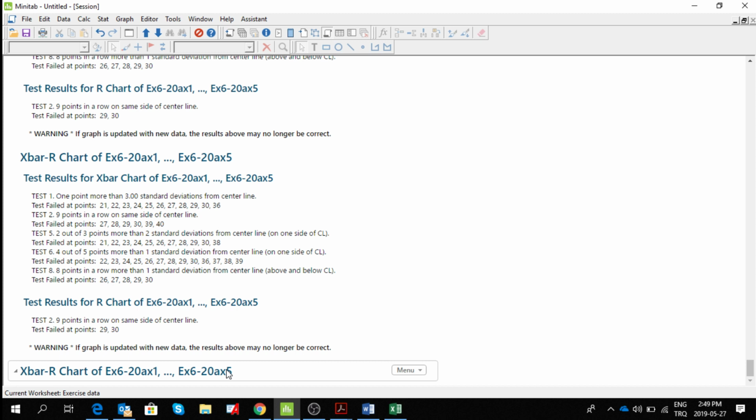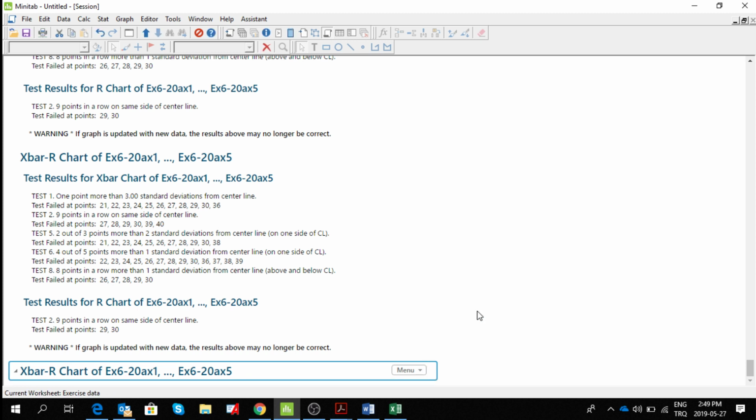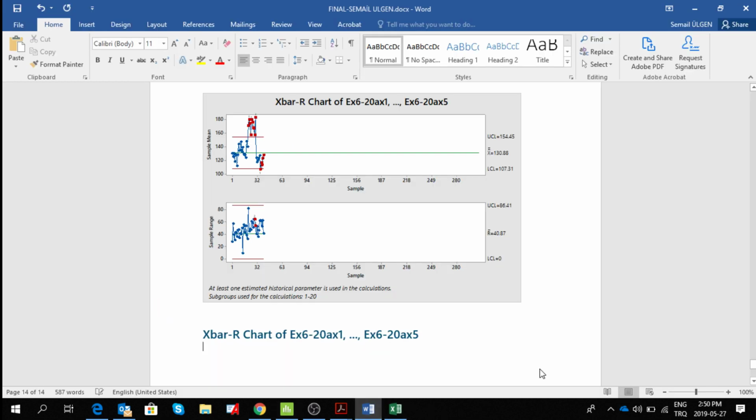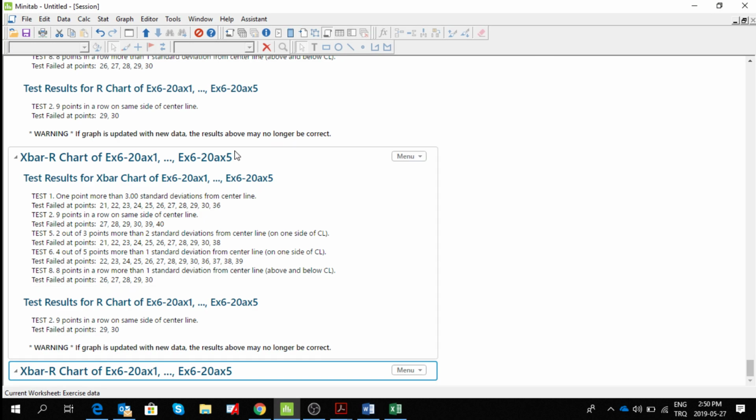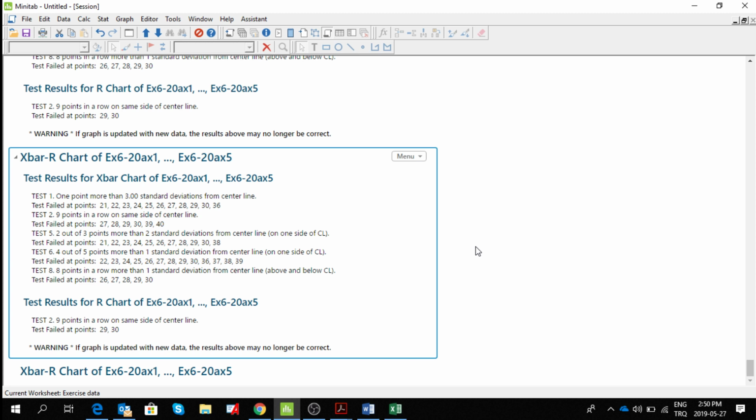Okay, let's see, I will send to my Word file. Let's see what I have here in the Word file. No, that's not what I want. This is what I want. No, this is from the past, so ignore that.